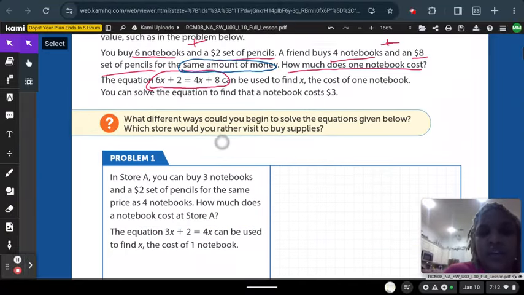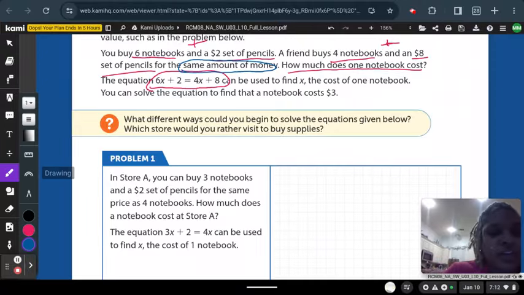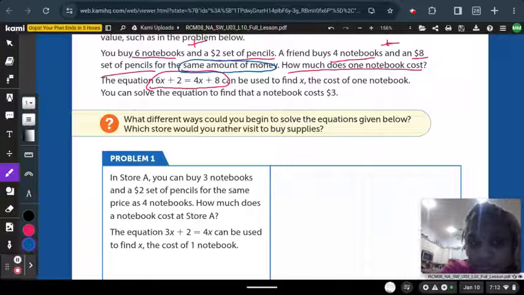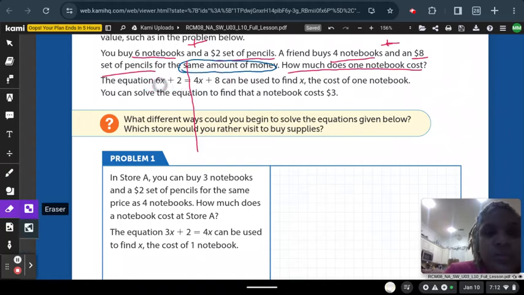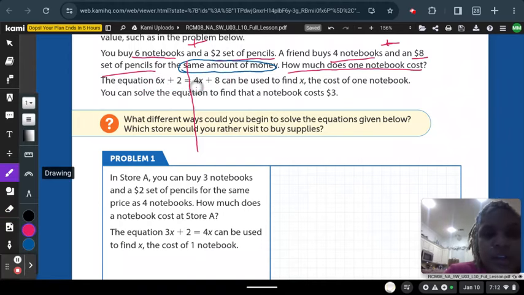Okay. So we want the variables on one side and the constants on the other. So we want to bring our variables on one side. Remember, you look at the larger variable. So in this case, 6X is on this side. So I'm going to go ahead and subtract 4X from both sides.